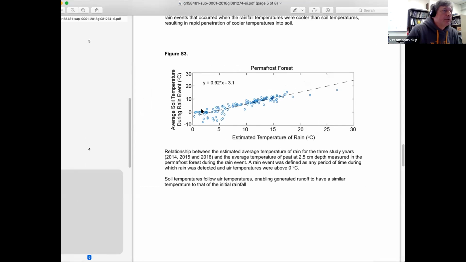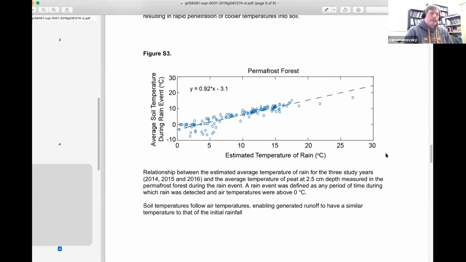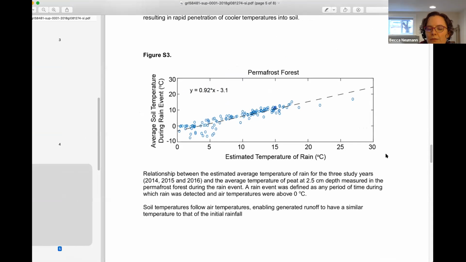At what depth? This is that shallow depth, and water moving through this particular depth, not deeper. I'm sure water is moving through all of the active layer, but unfortunately during these 3 years of the study, this was the only temperature sensor we had up in the forest.